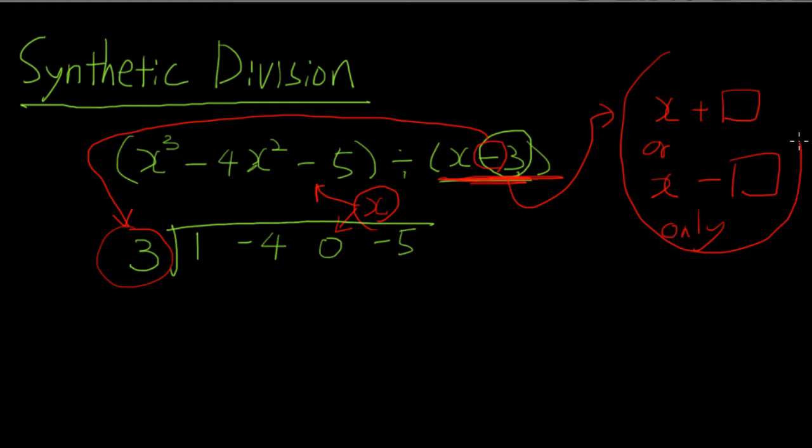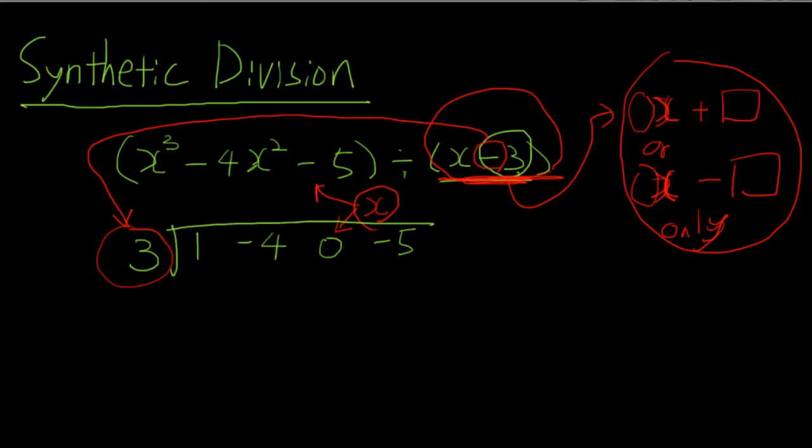It can't be x squared, it can't be x to the cube, or any other power. And you shouldn't really have a number in front of x. Well, technically there is a way to bypass that, but we're not going to deal with that case. So for synthetic division, we assume that we only have x plus something or x minus something. All right.